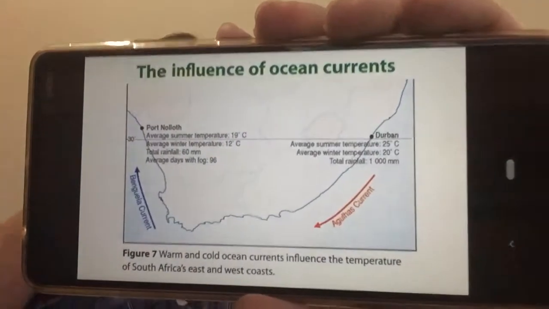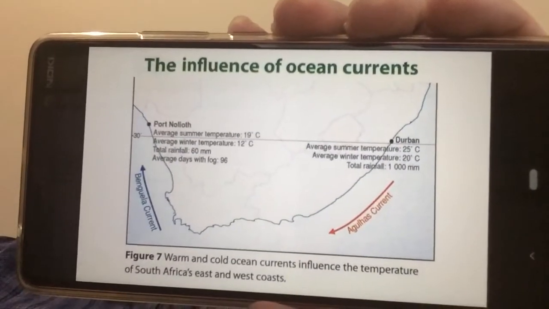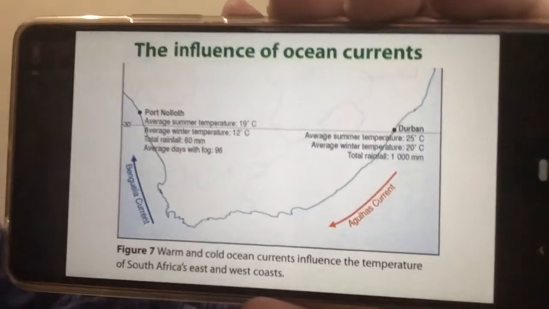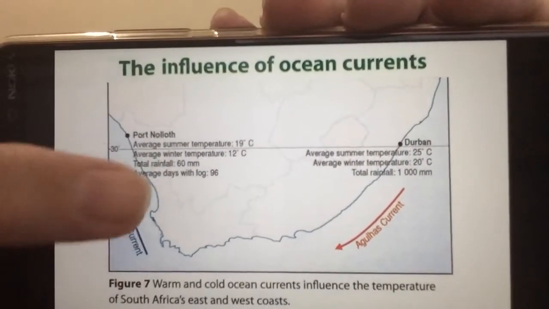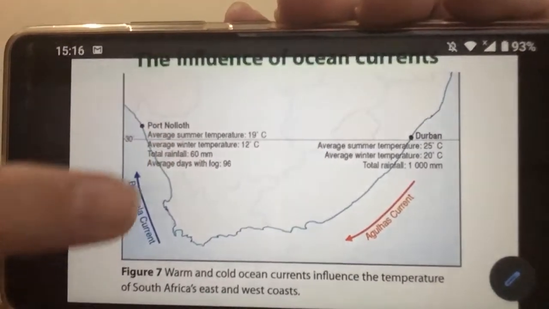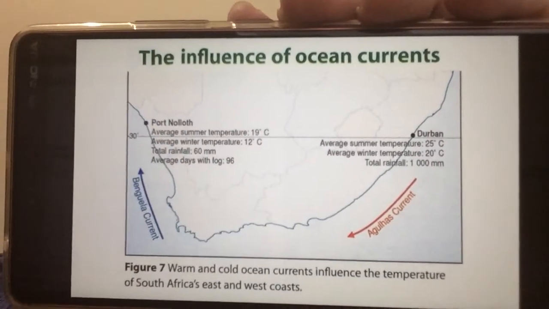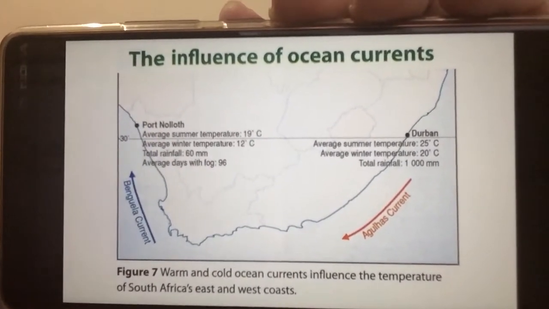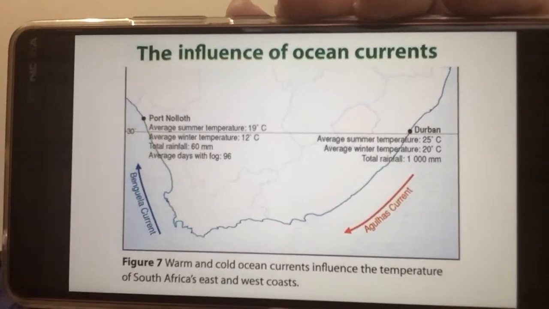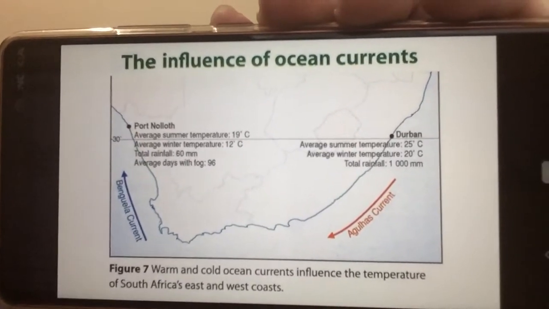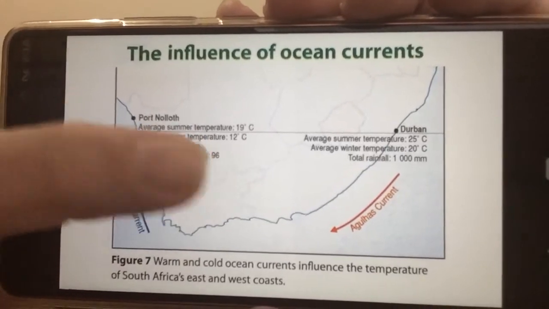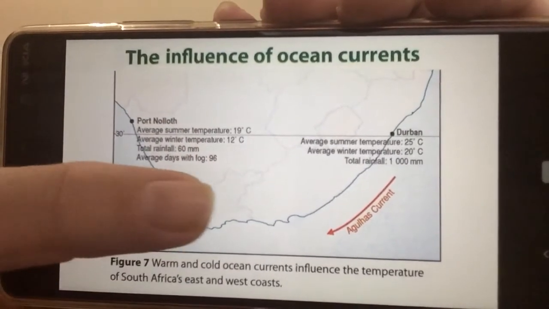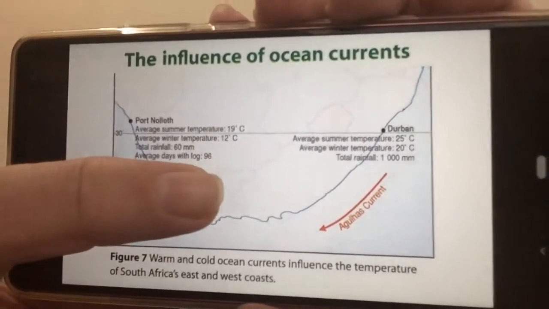Okay, then our next one is ocean currents. If we are situated like Port Nolloth, near a cold ocean current called the Benguela Current, then our temperatures tend to be a lot colder. Our rainfall is a lot less, it's much drier, and we have quite a few days of fog.